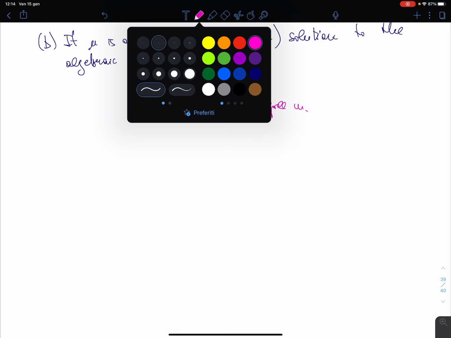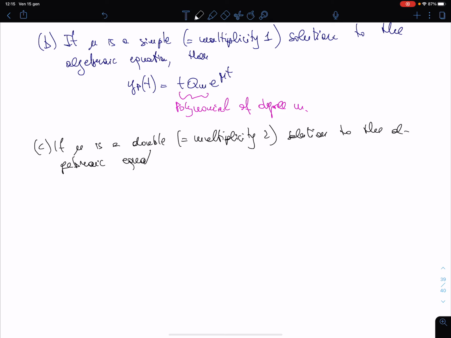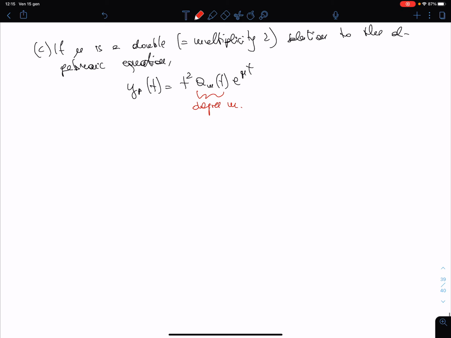And then the last case, if mu is a double solution, which means multiplicity 2, to the algebraic equation, then yp of t is equal to t squared qm of t e to the mu t, and again qm is a polynomial of degree m, like in the previous cases.